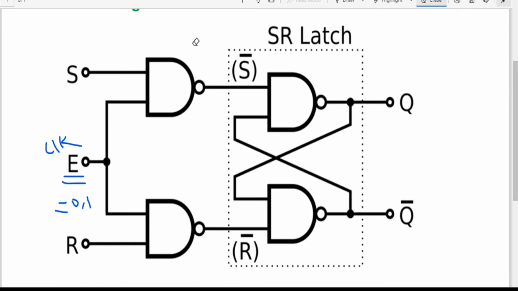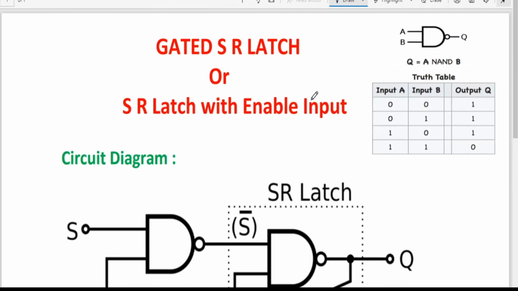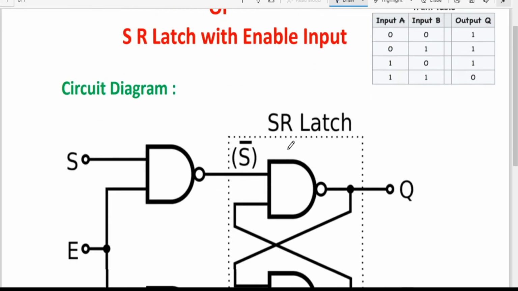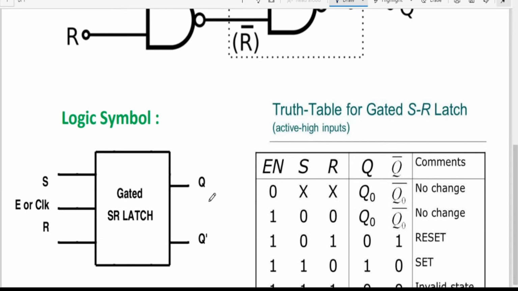So let us see the logic symbol of this SR latch using enable input. This is the gated SR latch logic symbol. We have the two inputs S and R, and one more input, the third input. We call it an enable input, or also a clock input.